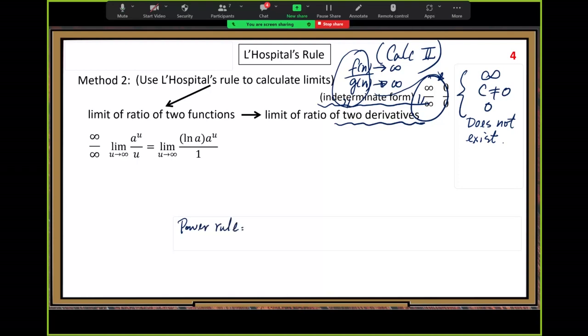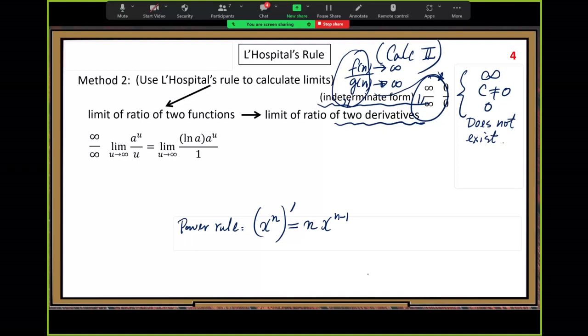The power rule tells us that for x to the n, a power function, the derivative equals n times x to the n minus 1. That's the power rule.